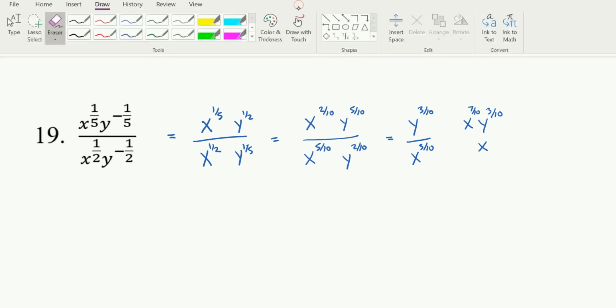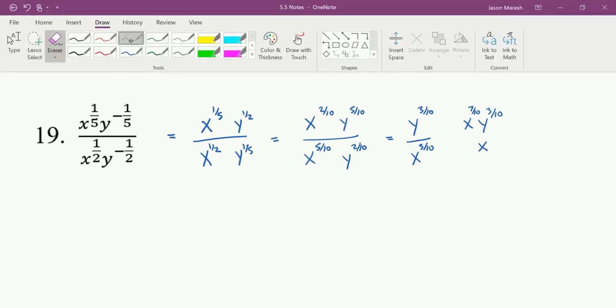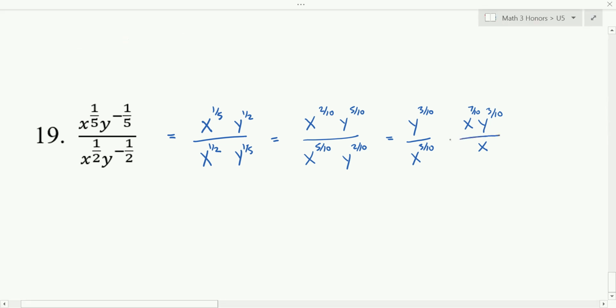You're going to remember when you simplify this one, no radicals in the denominator, or no fractional exponents in the denominator.